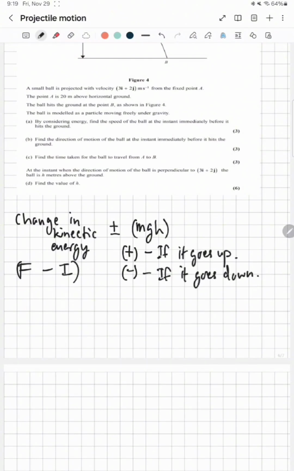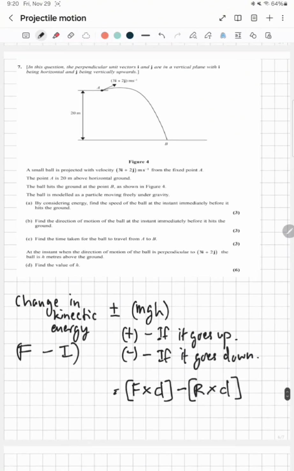If they've given extra forces, you write this equals F, which is the forward force, times whatever distance it's going, subtracted by the resistance, R times the distance. That's how it goes. But in this case, there's no forward force and no resistance, so it's just going to be equal to 0, the kinetic energy and the potential energy.